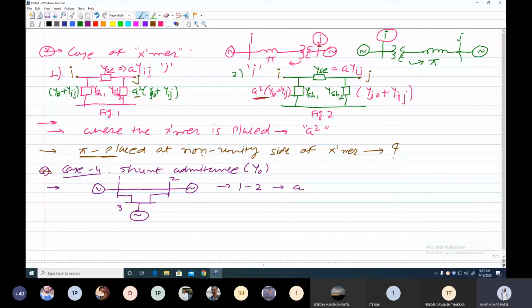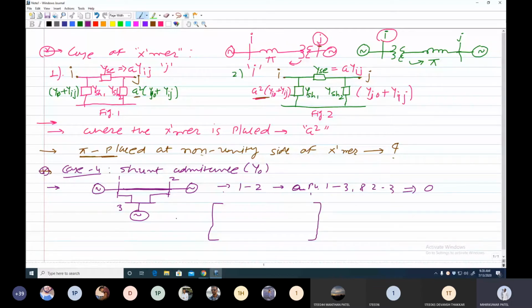And for the rest of the lines, that means lines 1-3 and 2-3, it is negligible, or we can say 0. So now we have to formulate the Y bus matrix for such a case, where the shunt admittance between bus number 1 and 2 is A per unit.